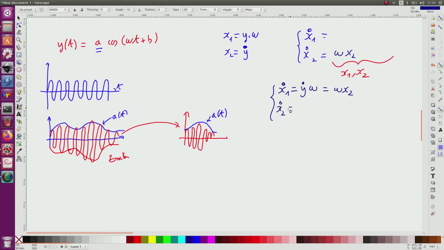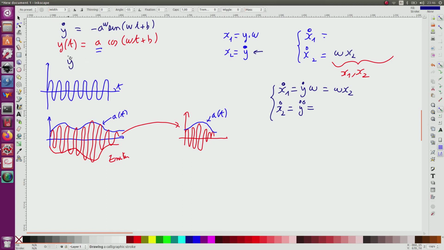Now about x2. x2 corresponds to y dot dot, thanks to this. So it will be equal to y dot dot. I know that y dot is equal to a minus a sine omega t plus b, and I have to multiply by omega.